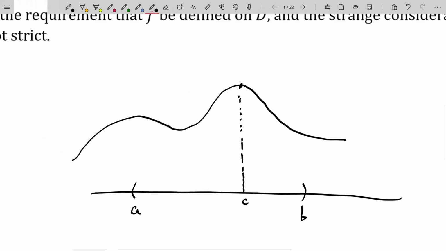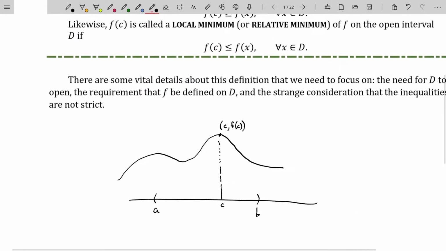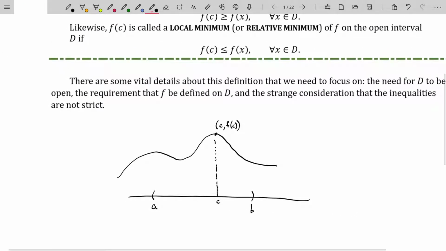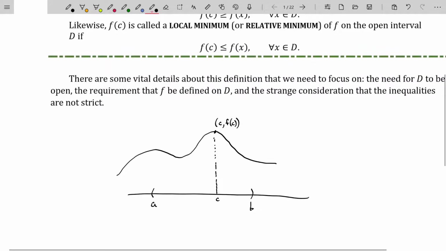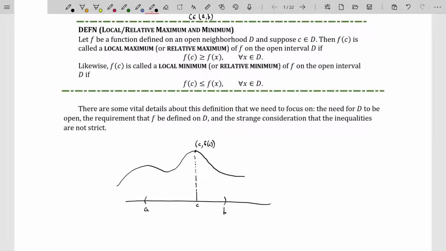So we would call f of c the local maximum, or a local maximum, because its y value, its function value, is greater than or equal to all neighboring points. And likewise, f of c is called a local minimum on an open interval if the function value at c is less than or equal to f of x for all x in that interval.